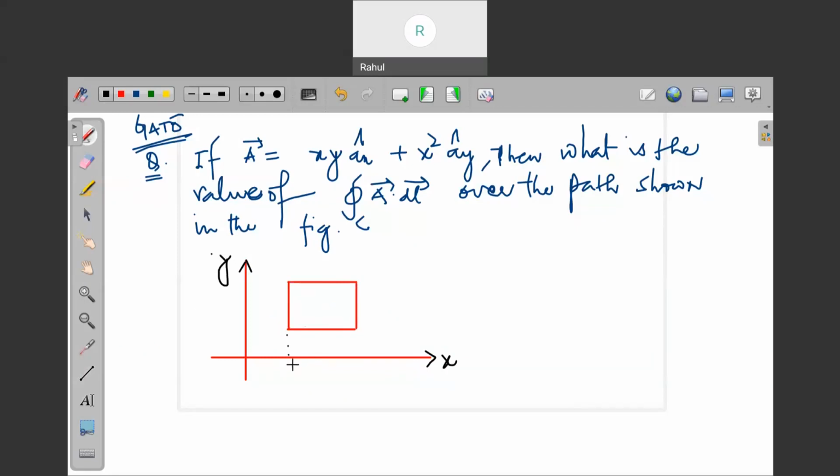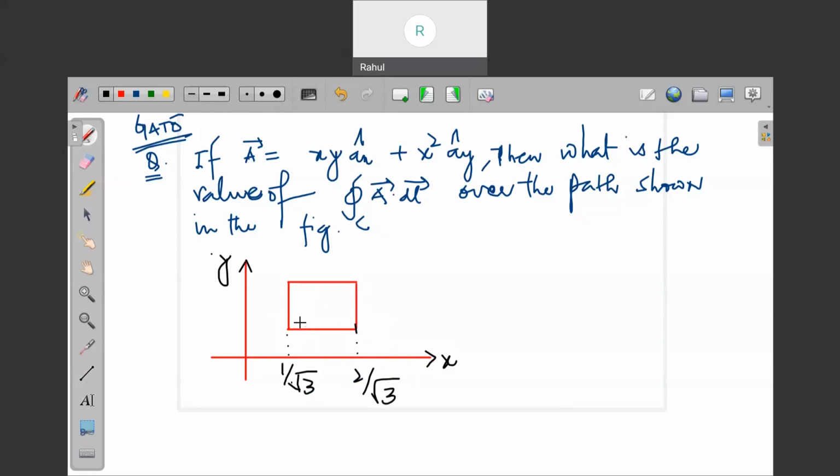In this path, x is changing from 1 by root 3 to 2 by root 3. So this is 1 by root 3 and this is 2 by root 3.